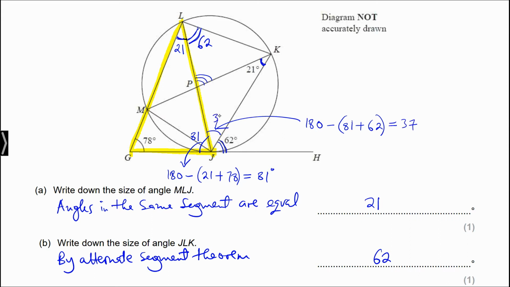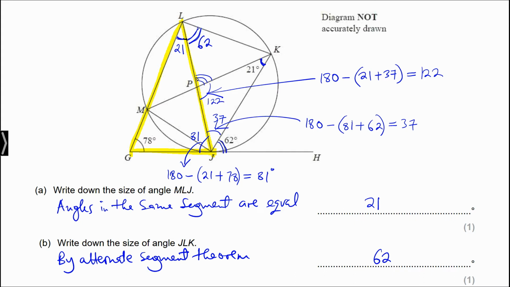Then if you consider this triangle here, we can find this angle here. This one will be equal to 180 minus (21 plus 37), because angles in a triangle add up to 180. So this will be equal to 122.